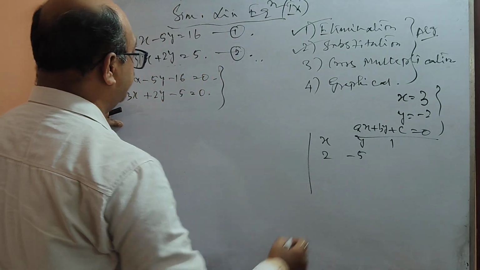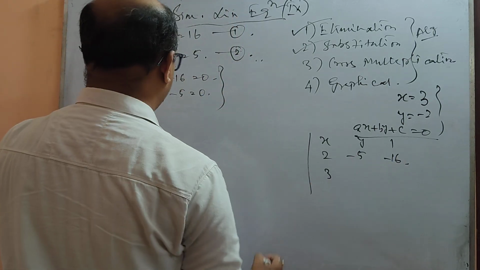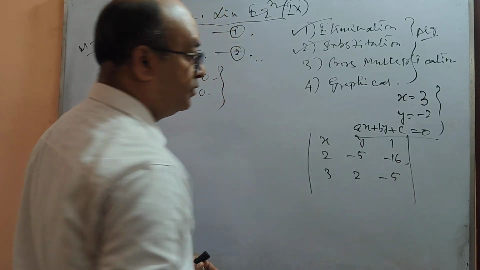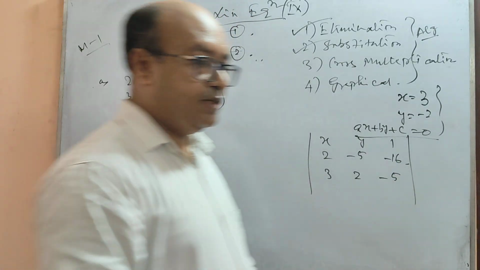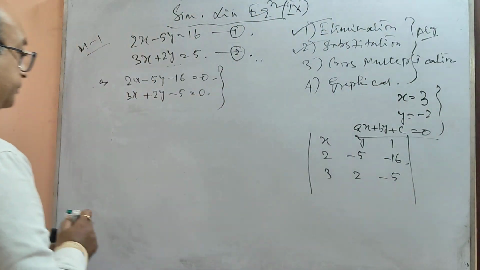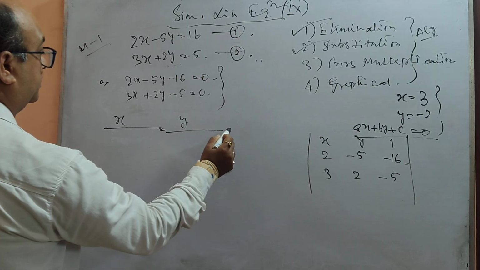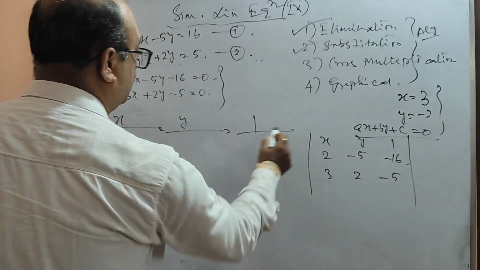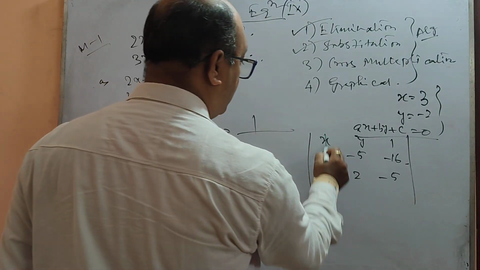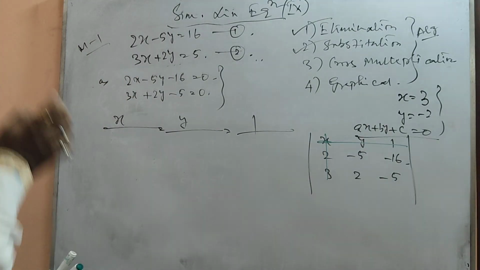2, minus 5, minus 16, then 3, 2, minus 5. Now the method is for x, then y, then 1. For x you have to cancel the corresponding row and column of x.